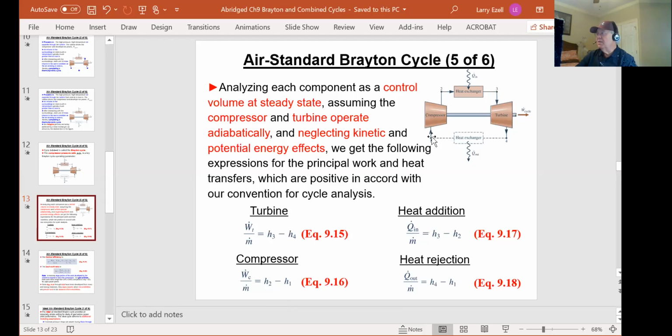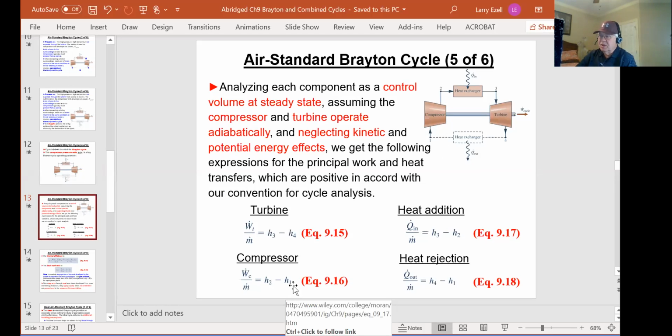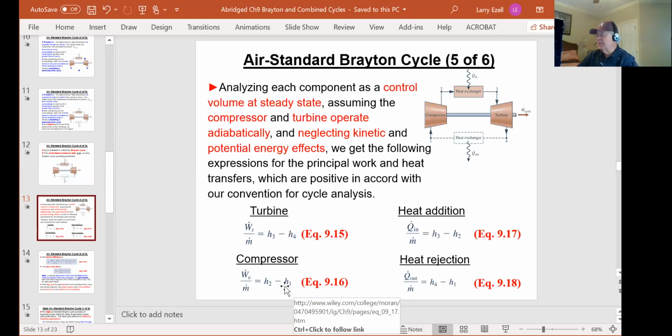The sum of the streams coming out, that would be H2 minus H1, or m dot times H2 minus H1, equals minus W. So when you go to solve for W, W is going to equal H2 minus H1. Well, they have it. No, I'm sorry, it's H1 minus H2. They have H2 minus H1. As long as you think about it, you're going to be fine. It's not going to trip you up.